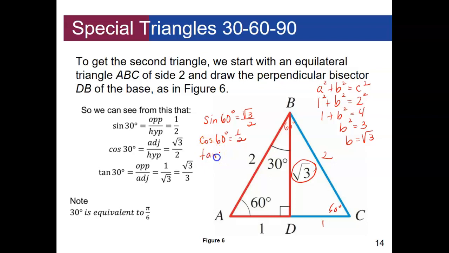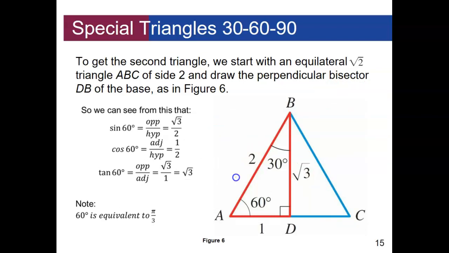And then the tangent of 60 degrees is going to be opposite over adjacent, so square root of 3 over 1, or just the square root of 3. So those are the values for the 60-degree angle, and these were the values for the 30-degree angle. Notice the 30-degree angle is equivalent to pi over 6, and the 60-degree angle is equivalent to pi over 3.